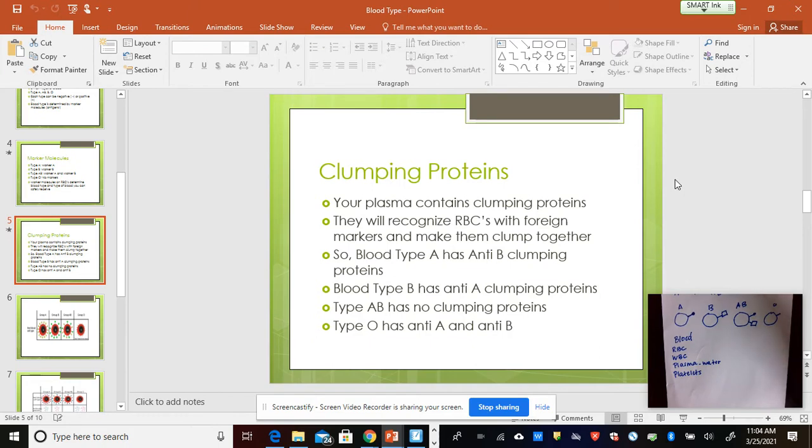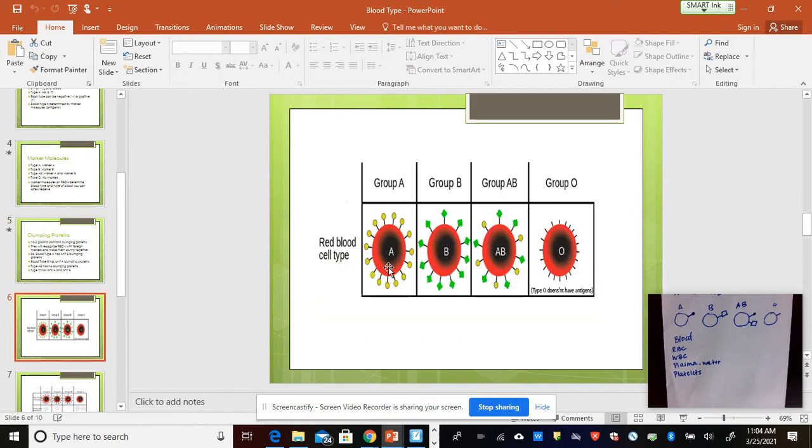So the red blood cells with these markers, if there's a foreign red blood cell in your body, will have a reaction to it, and it will start clumping them together if the wrong blood cell is in your body. So here's another picture, similar to what I drew. This would be, for example, group A. That's what their antigen looks like.